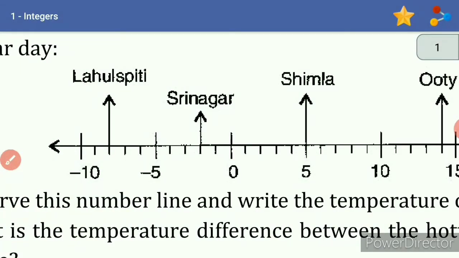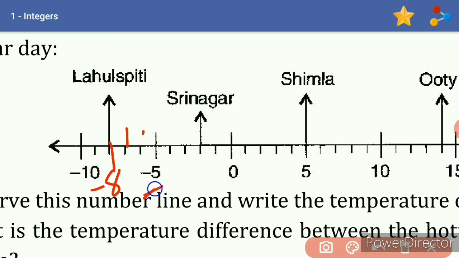See here minus 5 is given, so minus 6, minus 7 and this is minus 8. So the temperature of Lahul Spiti is minus 8. In the same way, minus 5 here. If we move to the right side, then numbers become bigger and bigger. So minus 5, minus 4, minus 3 and minus 2. So Srinagar is minus 2.